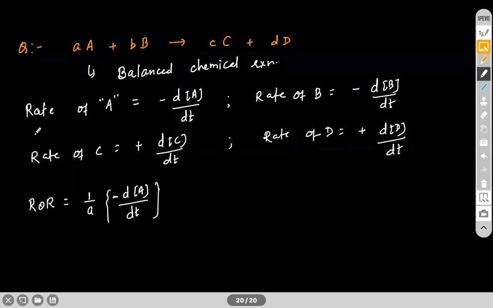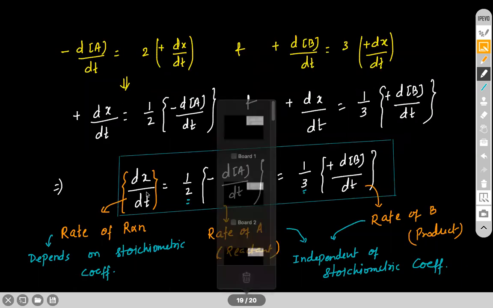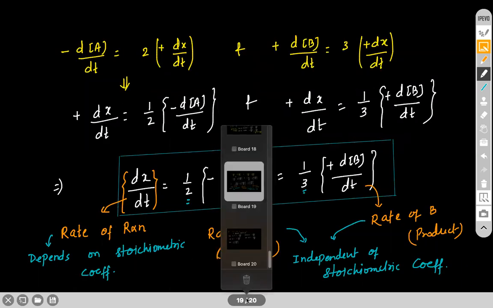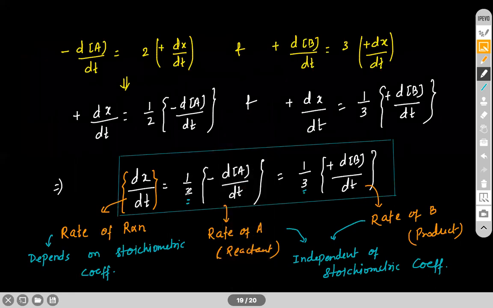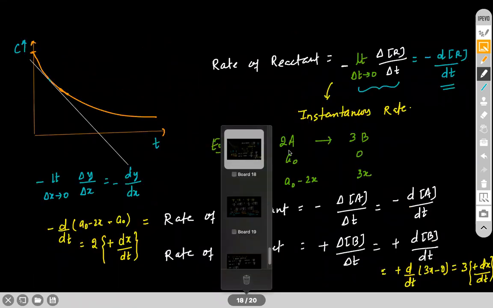That is the expression I have written in the previous example: dx by dt is the rate of reaction. Rate of reaction equals 1 by 2 times minus dA by dt, equals 1 by 3 times plus dB by dt, where 2 and 3 are what? You see this reaction, 2A gives 3B. 2 is the stoichiometric coefficient of A, 3 is that of B.